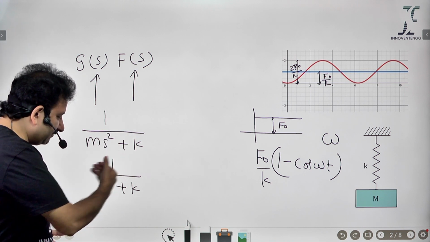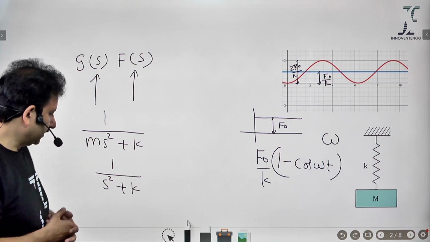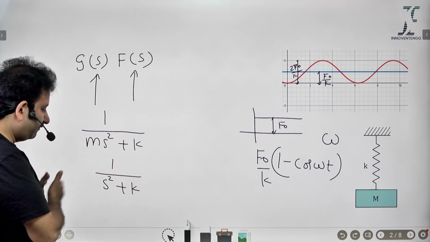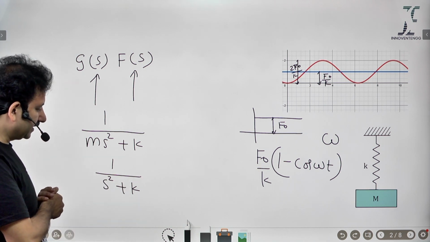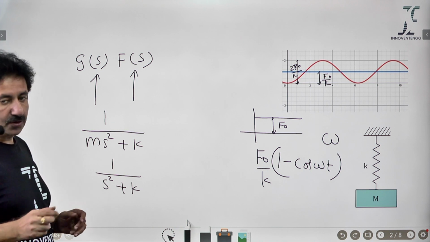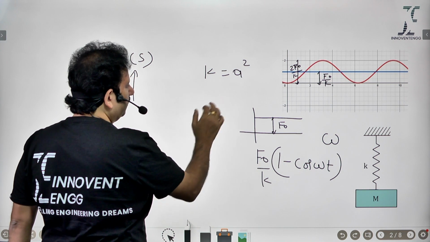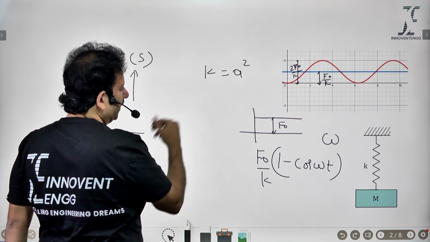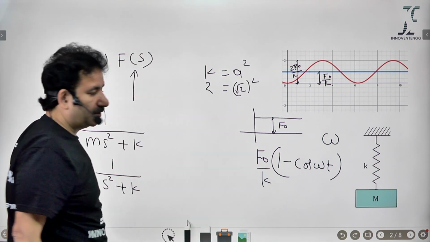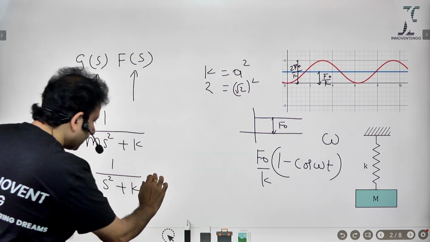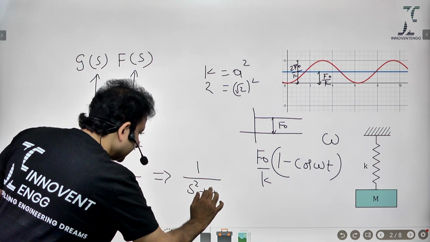And in order to get the inverse Laplace transform, this must fit into the definition of a standard function. You can readily see that it fits into the definition of sine at, provided k is assumed to be the square of some constant. Instead of saying k, can I say a square? It makes no harm, because I'm just replacing one number by another. It is like saying 2 is replaced by root 2 whole square. That's all I'm doing, right? So what happens, this is equivalent to saying 1 by s square plus a square.